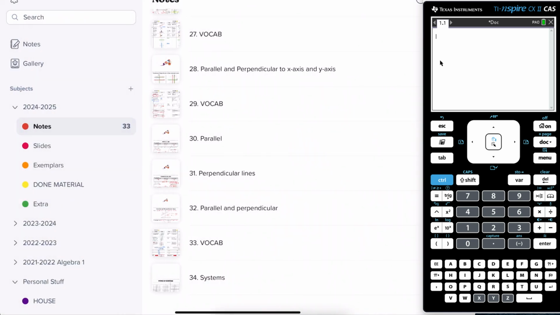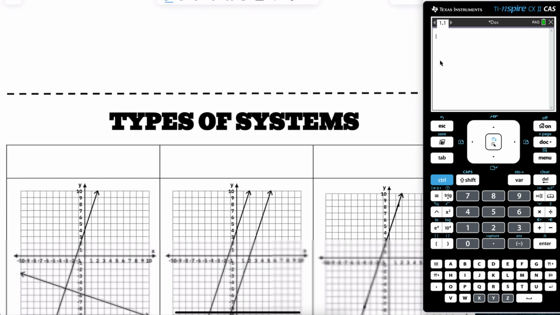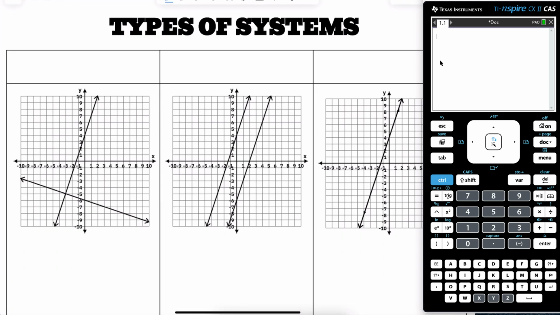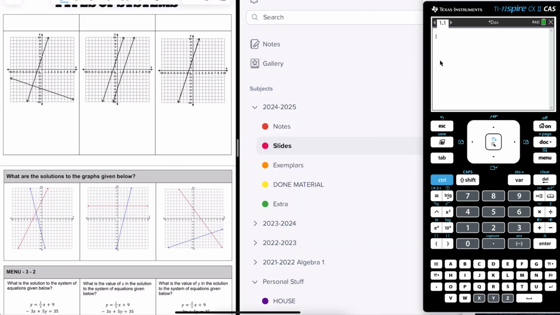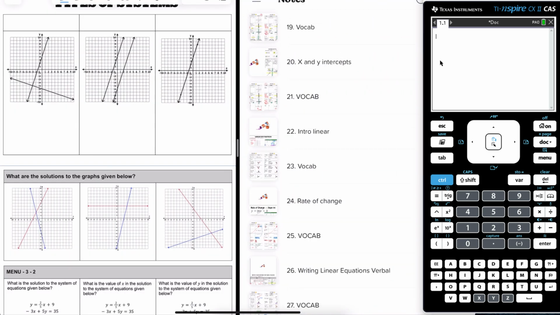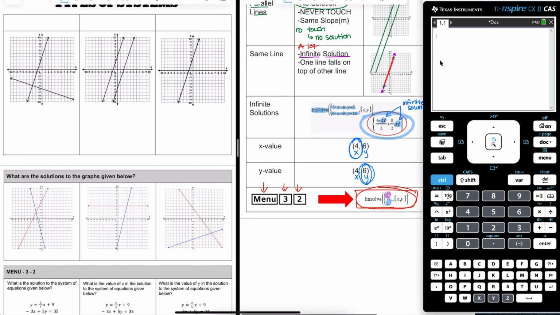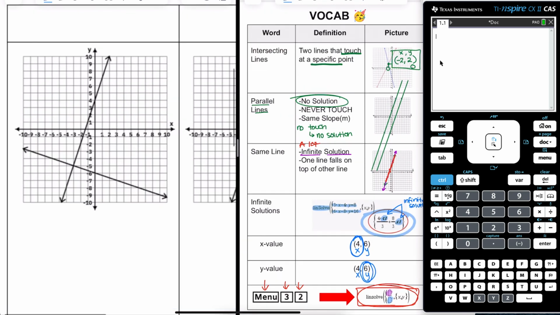All right, let's go to the actual notes for today. Types of solutions. We just went over this. Let's get our handy dandy notes page out. Notes, all the way down here, 33. If I'm looking at the first one, I see that it matches this one right here. We are going to call this one solution.